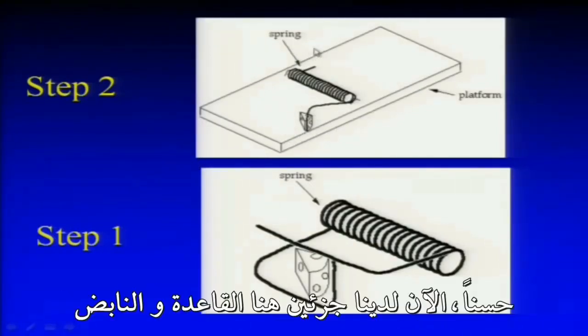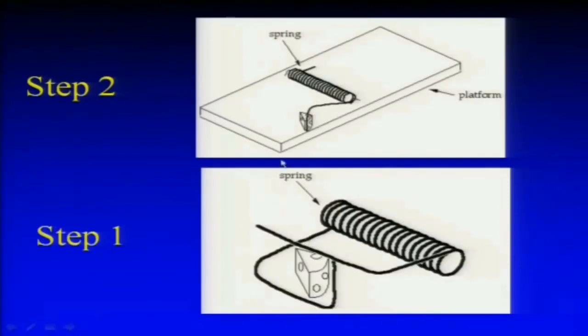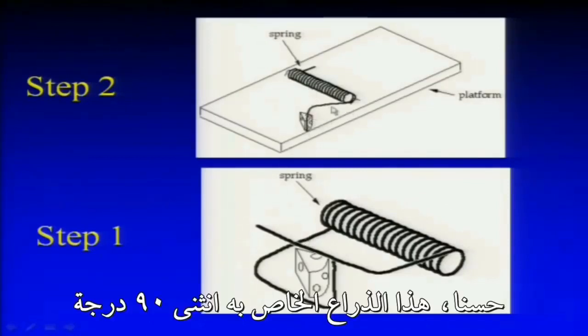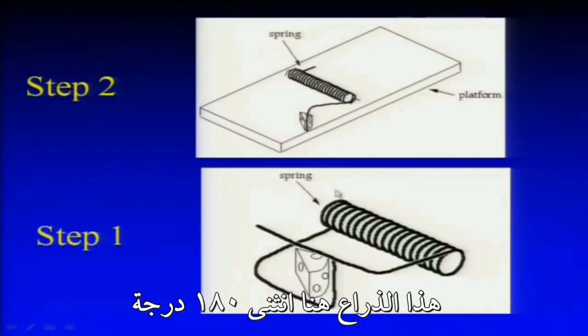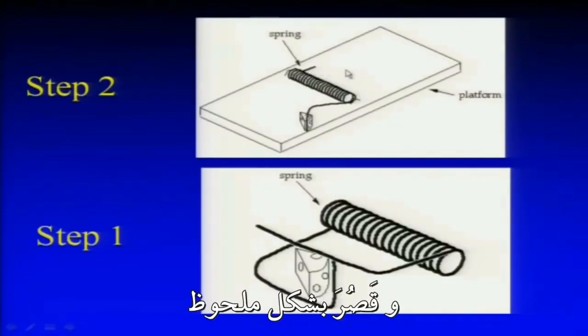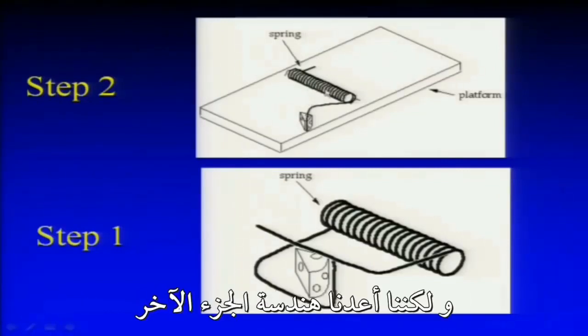Okay, so we have a two-piece trap now with a spring and a platform. But you'll notice this is not the spring that was here. This particular arm of it has been bent by 90 degrees, and this part shortened by a considerable length. This arm here has been bent by 180 degrees and shortened considerably. So not only do we have an extra part, but we have had to re-engineer a second part.